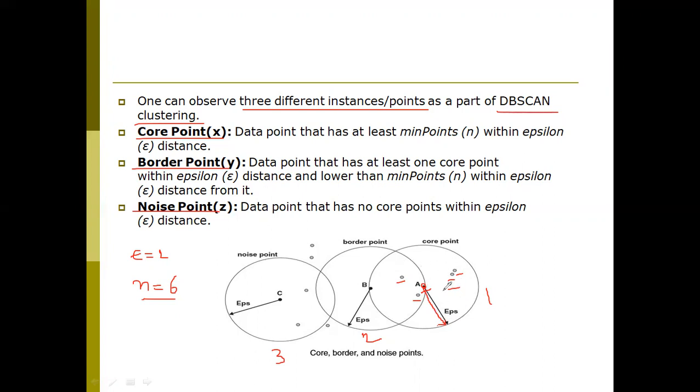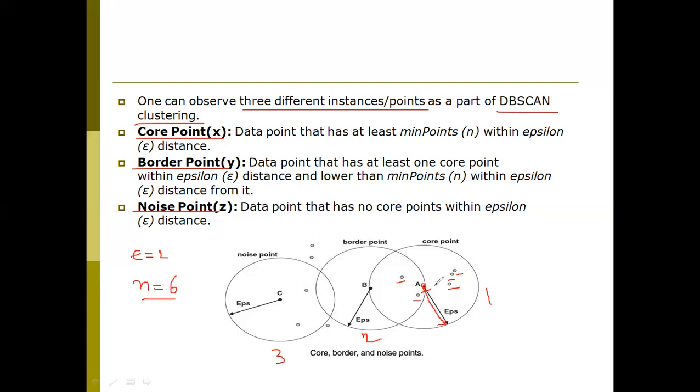So first of all, identify a center point, and by using the epsilon value, that is, by taking the radius, you can draw an arbitrary shaped circle. Then after finishing that, you need to calculate the total number of data points within it.